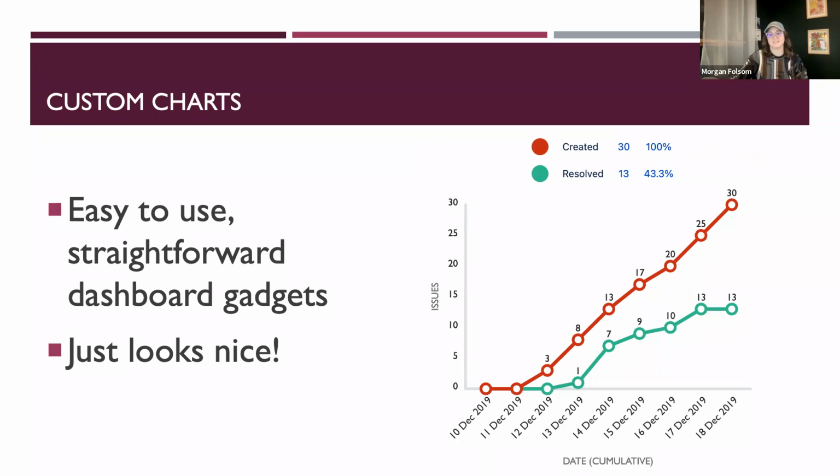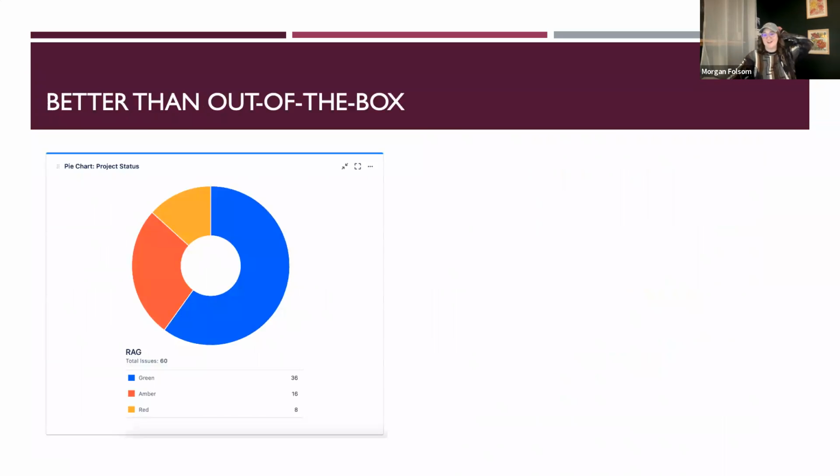Cool. So I think this next slide illustrates why out of the box reporting isn't enough. This is my very favorite chart to pull up: a basic project status using a custom RAG field, red, amber, green. Using the out of the box pie chart, you select your filter and your field, and that's it.